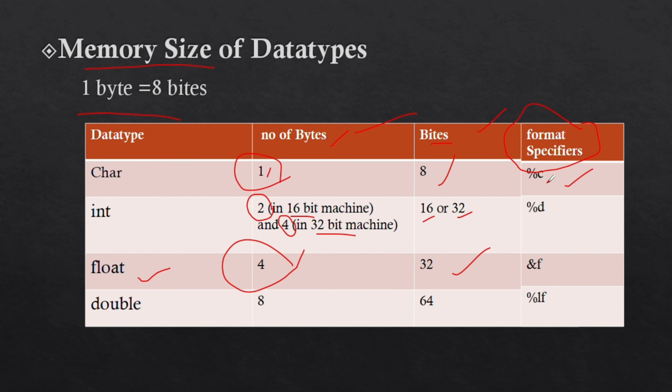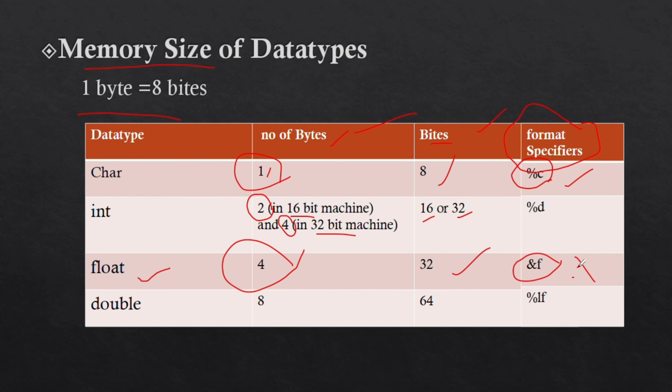Now, %c is used as a format specifier while we are taking a character input from the user, and %d for integer type data from the user.